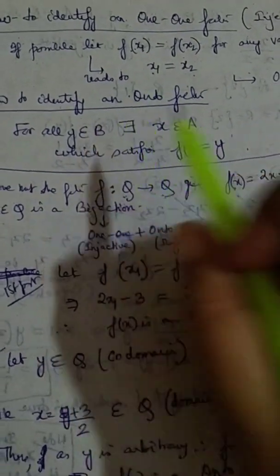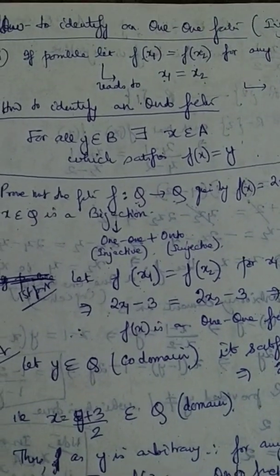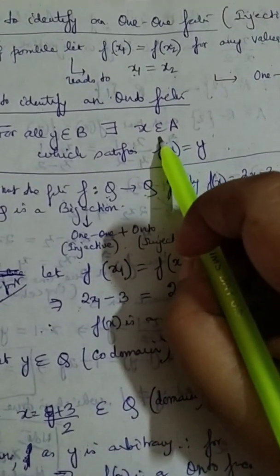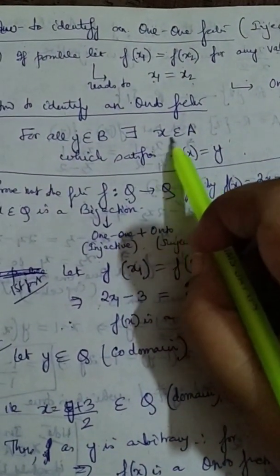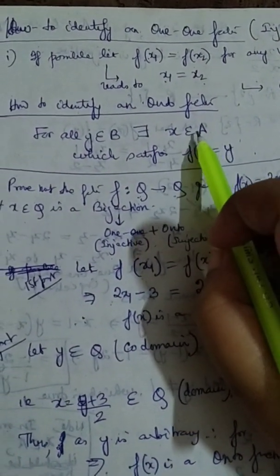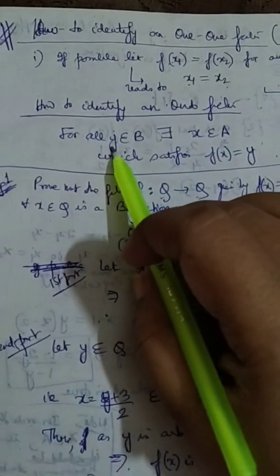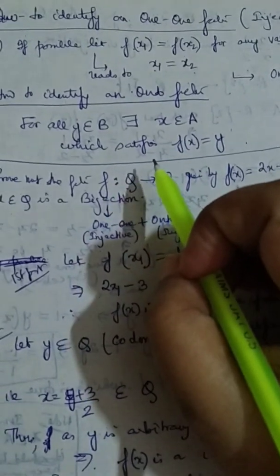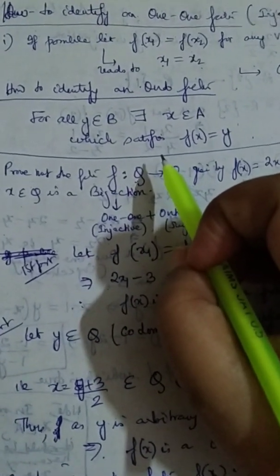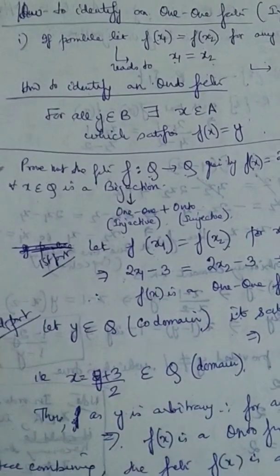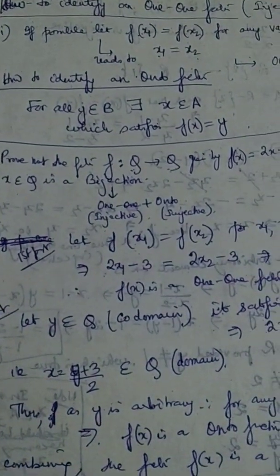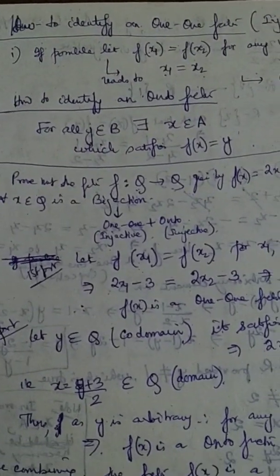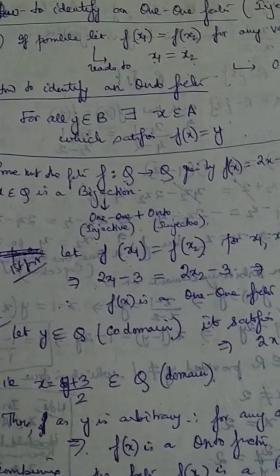If you get a value of x which does not belong to the domain, then obviously that x value does not exist, or you can say the pre-image of y does not exist in the domain. In that case it cannot be an onto function. It will be an into function, because that is actually the leftover in the second set. If you remember the diagrams of an onto and an into function, then you will be able to identify.